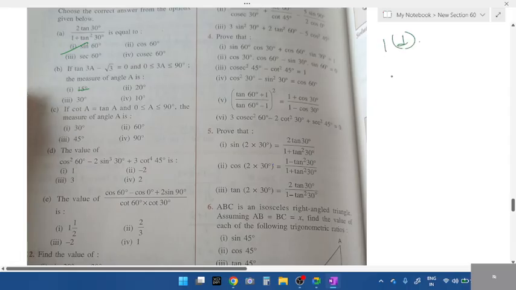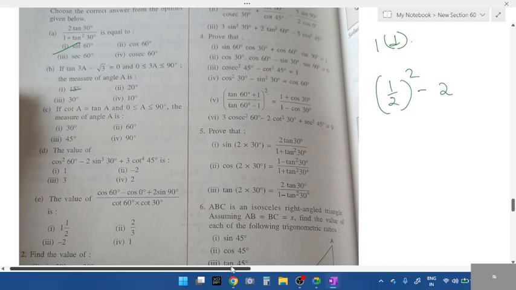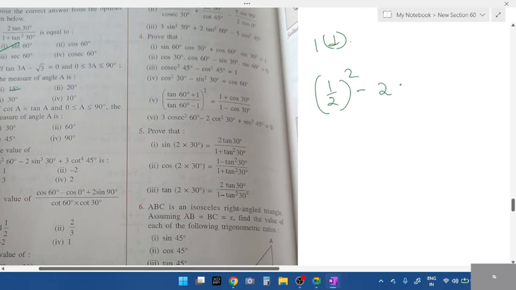Cos square 60. What is cos 60? Check the table. Yes. 1 by 2 square is given. Whole square, right? Minus 2 sine cube 30. What is sine 30 value?